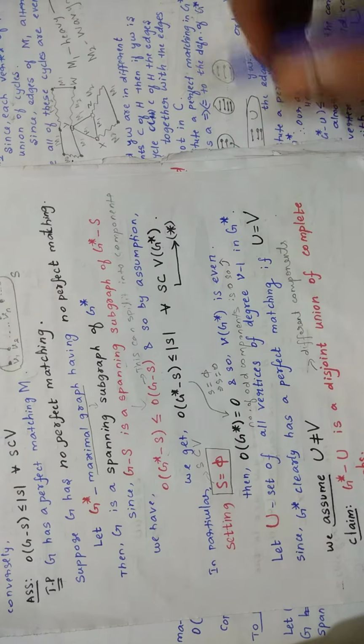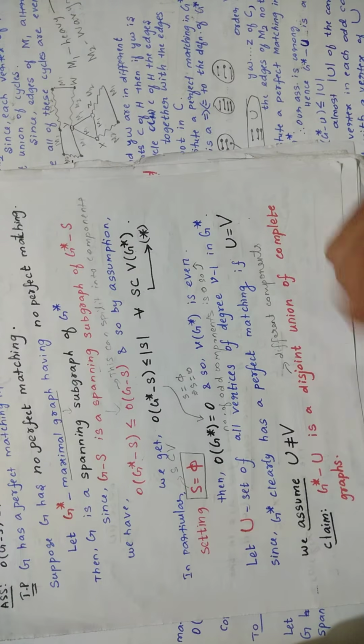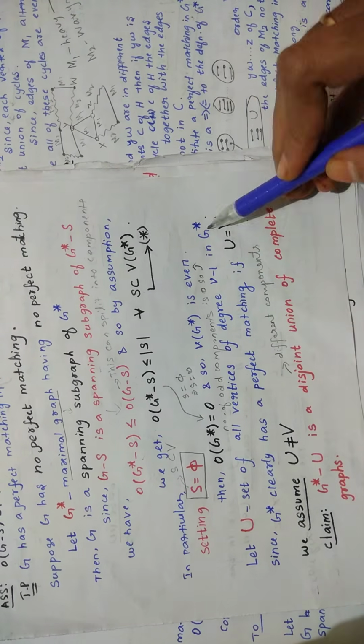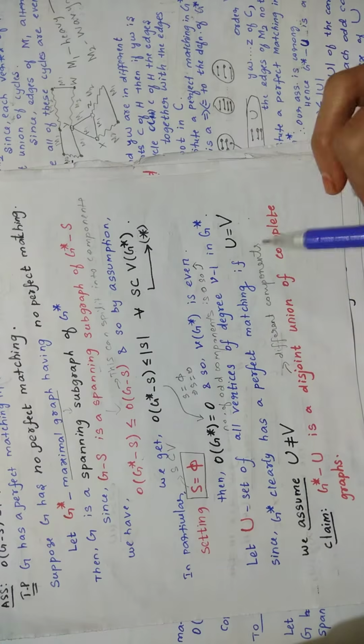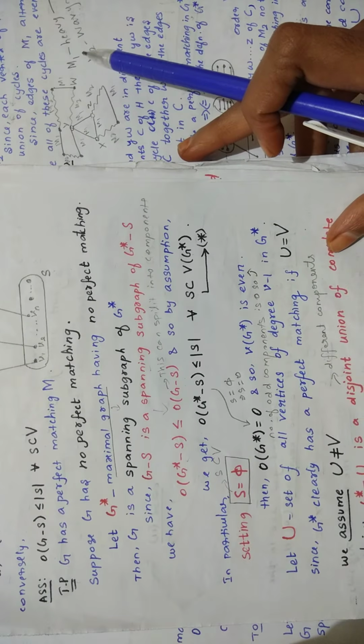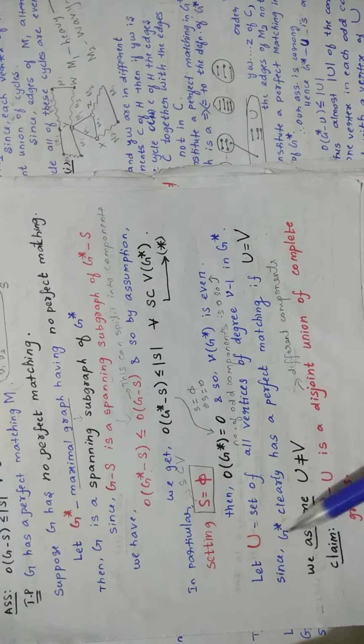Here, G star clearly has a perfect matching if U equal to V. If this U is equal to V, then G star will clearly be a perfect matching. Okay, that is how you are writing.